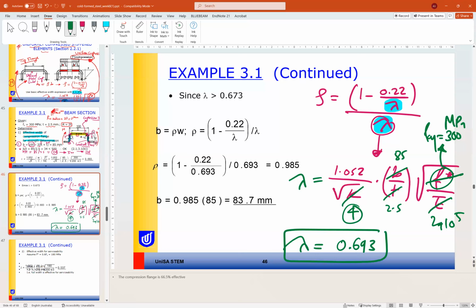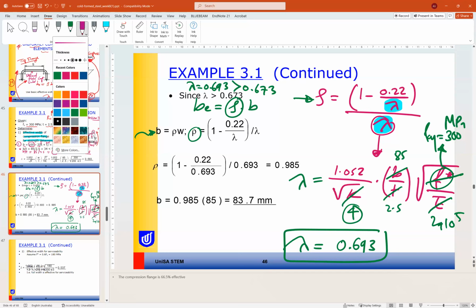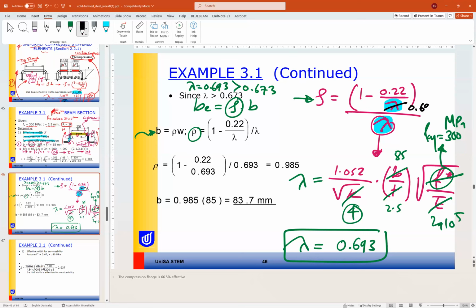So lambda is 0.693, more than 0.673. B effective equals rho times B, so we need rho. Rho equals 1 minus 0.22 over lambda, divided by lambda. This is replaced with 0.693, and this is replaced with 0.693.